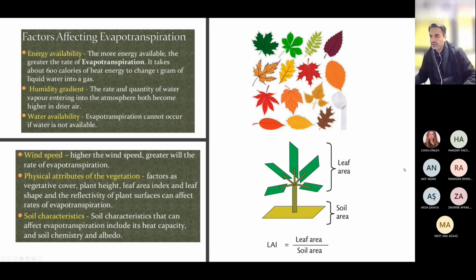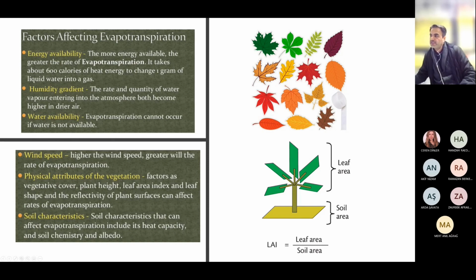From the physical attributes of vegetation, from this perspective, I would also like to define leaf area index, LAI, which is the sum of the leaf area over the soil area in a region.